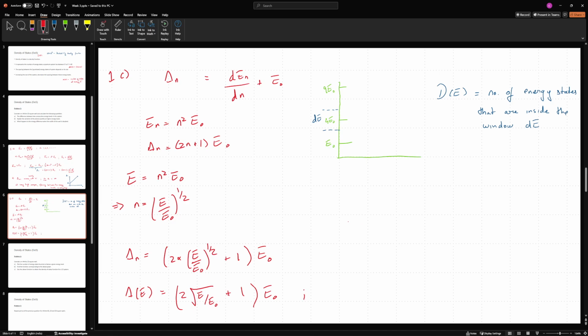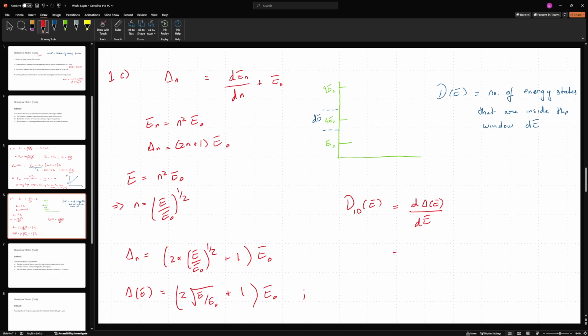I will come back to this in the second question. D of E, the 1D density of states, is the delta of E divided by dE. This is the definition that I am giving.